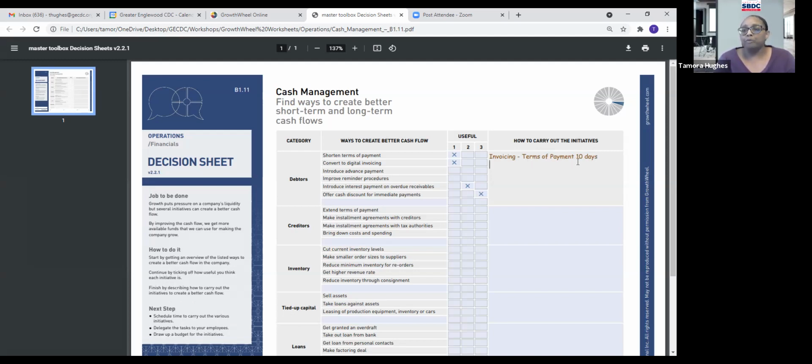For converting to digital invoicing, you may use PayPal. If you have a PayPal account, you can build an invoice with your logo.